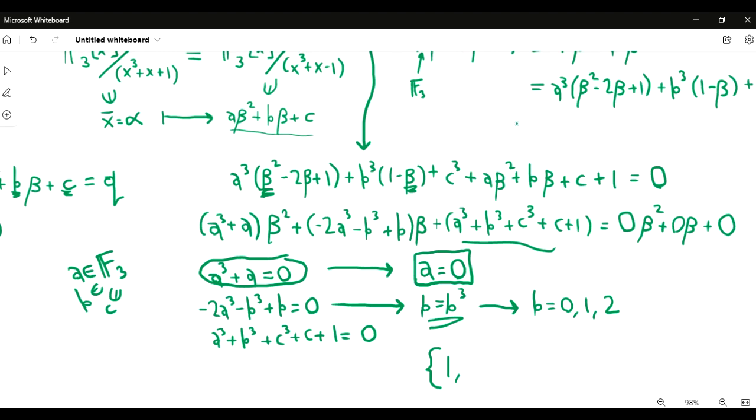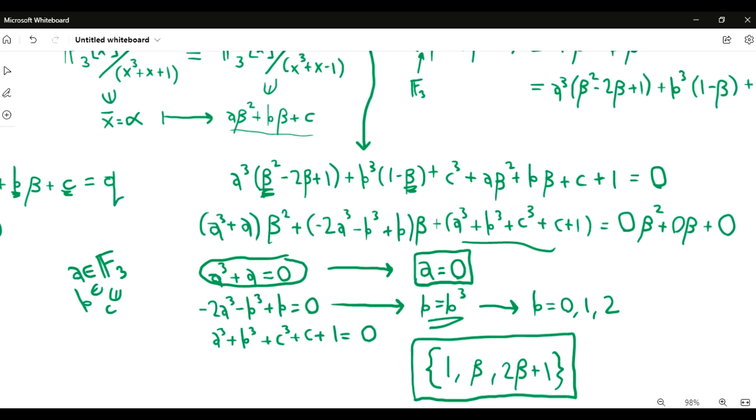If B is equal to 1, then C is going to be 0. So that just gives us beta. And then if B is 2, then C is equal to 1.